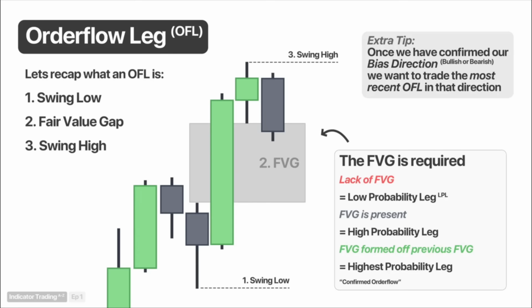Order flow will say different things on different time frames, which is why we want to be looking at it from a top-down perspective, because price is always going to be subordinate to the time frame above it. This might be a lot right now, but do not worry. In the chart examples, I will bring this up again and show you exactly how we find order flow from a top-down perspective using the most recent order flow leg.